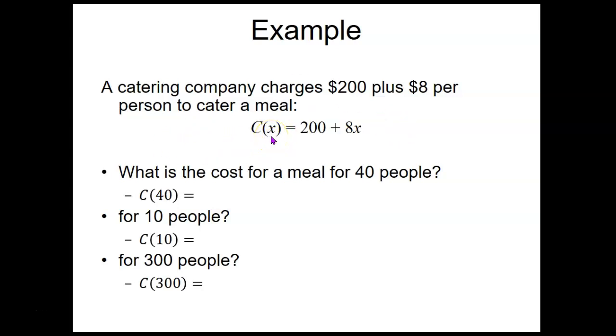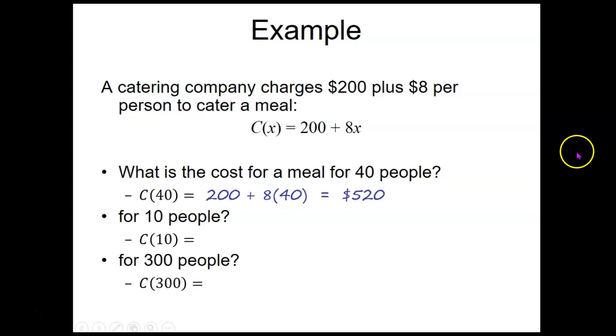What's the charge if I put in 40 for the number of people? So if I take this formula and do to 40 what the formula says to do to X, that means I'm calculating 200 plus 8 times 40. So 8 times 40 would be 320. 200 plus 320 would be 520. So the answer is $520.